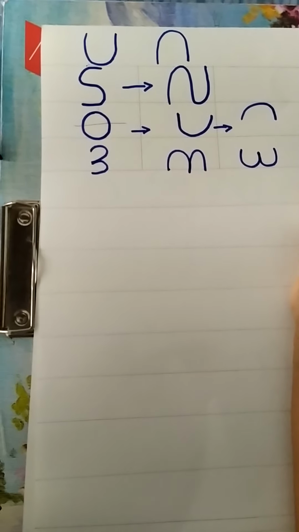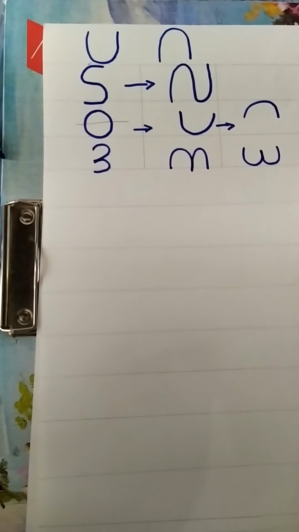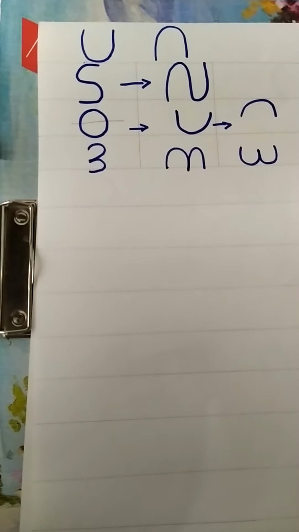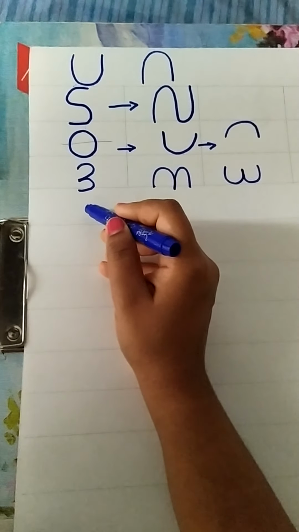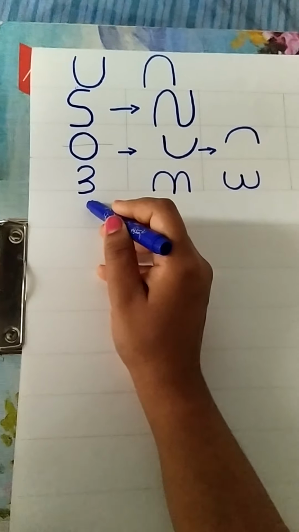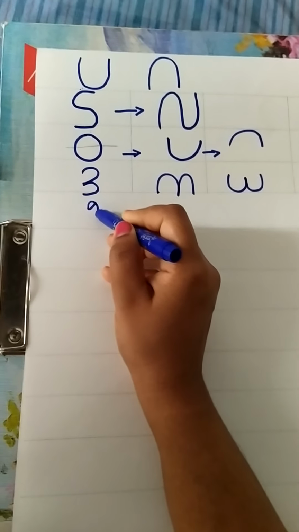Children, in Kannada almost all the letters look round in shape, so there will be a lot of curves and turnings in Kannada letters. The next shape which I want you all to remember is not a letter, it is a number.